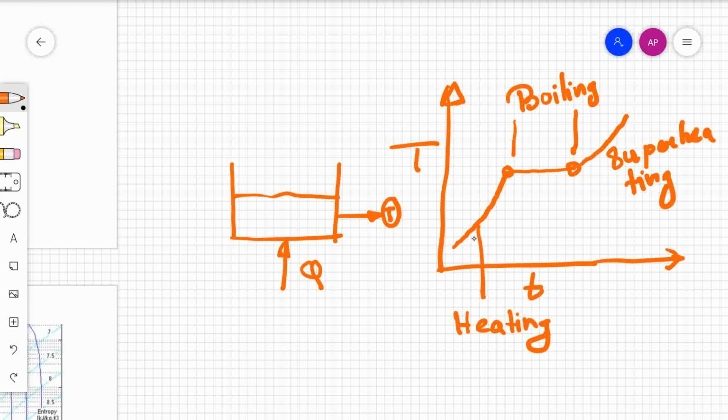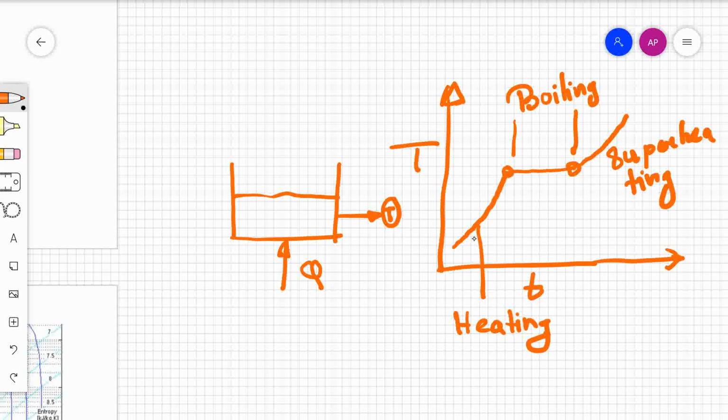You call it boiling. If you have the vapors post boiling and you are further heating it up, this is known as superheating of the vapors. So one should be clear on these concepts of what is boiling.